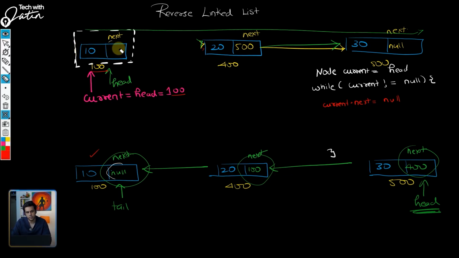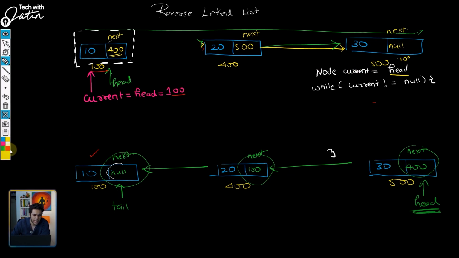Now, if I cannot put this as null, but definitely I have to bring null over here somewhere down the lane, my first challenge is I want to store this 400 number somewhere. Just like how we were using head, whatever the reference was there, 100 got stored in current.